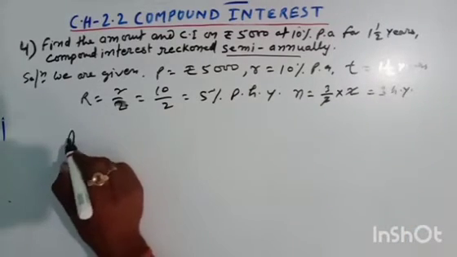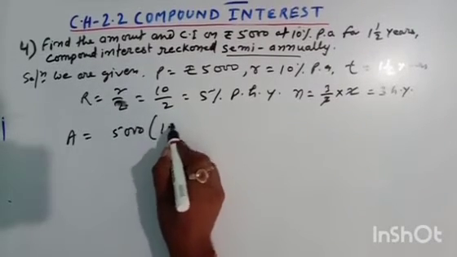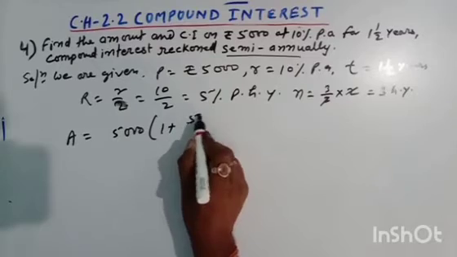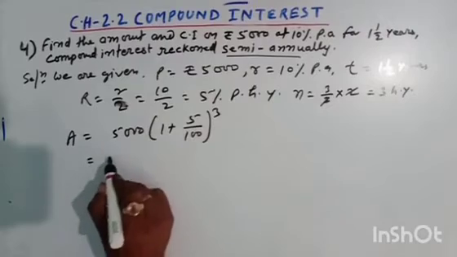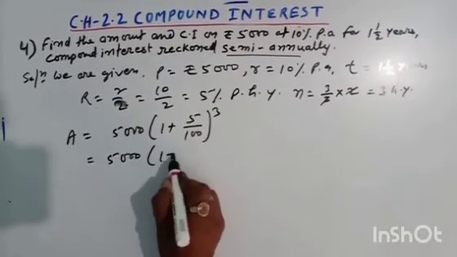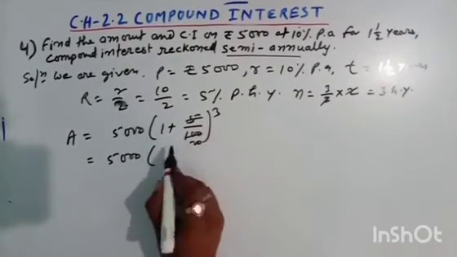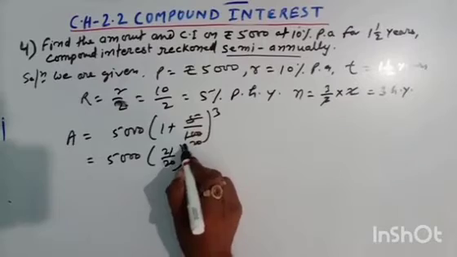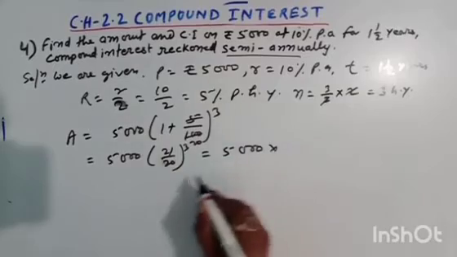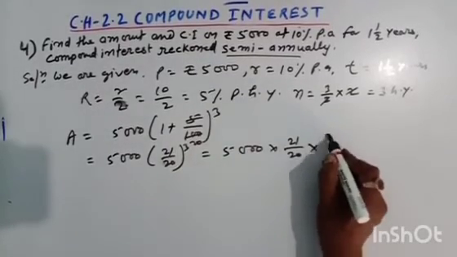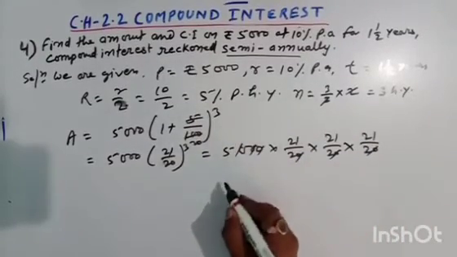Clear? Now amount equals P into, P is what? That is given 5,000 into 1 plus R is 5%, 5 by 100 to the power 3, that n is 3. Now here 5,000 into 1 plus, cancel this, 20, so it would be 20 plus 1, 21 by 20 to the power 3. Okay, so 5,000 into 21 by 20 into 21 by 20 into 21 by 20, cancel all these zeros.